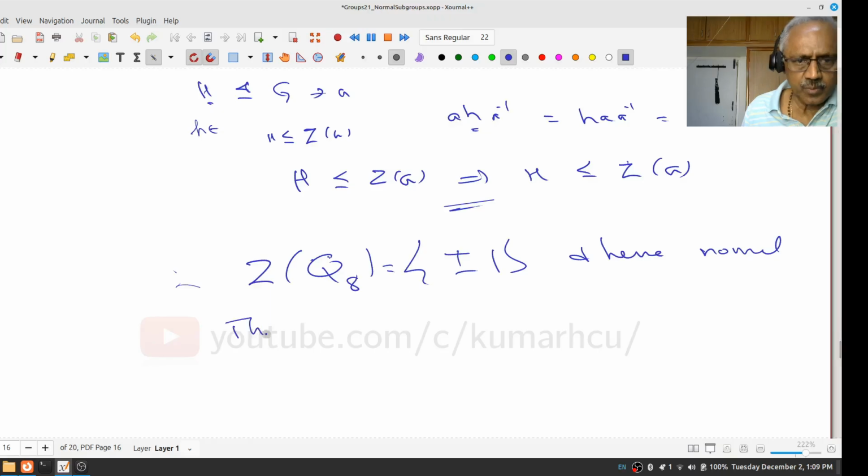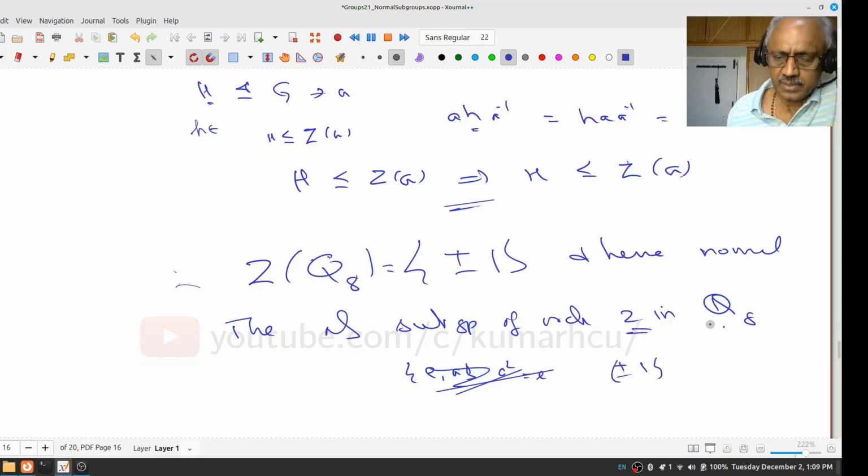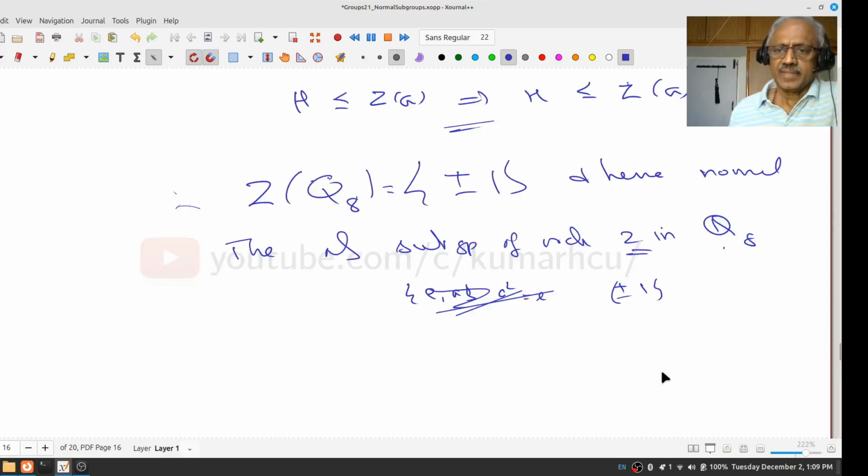And the only subgroup of order 2 in Q8, if it's a subgroup of order 2, must have two elements, E and A, which means A squared must be equal to identity. The only elements which satisfy that property are plus or minus 1. Therefore the only subgroup of order 2 is plus or minus 1, but that is equal to the center of Q8.